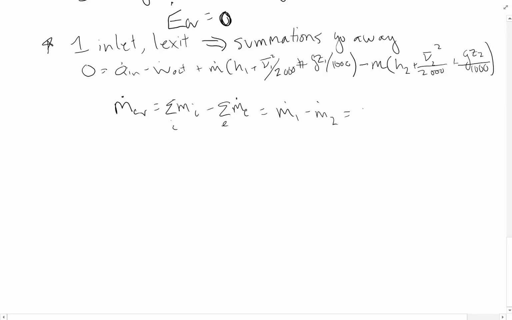And if it's in steady state, that has to be 0 because nothing can accumulate in steady state. And so that means that m dot 1 equals m dot 2, which when we just have one inlet and one exit, we'll just call m dot. Now, if you have more inlets and exits, you need to name the m dot at each of those inlets and exits because there's nothing that causes them all to be equal. So they could all be different values.